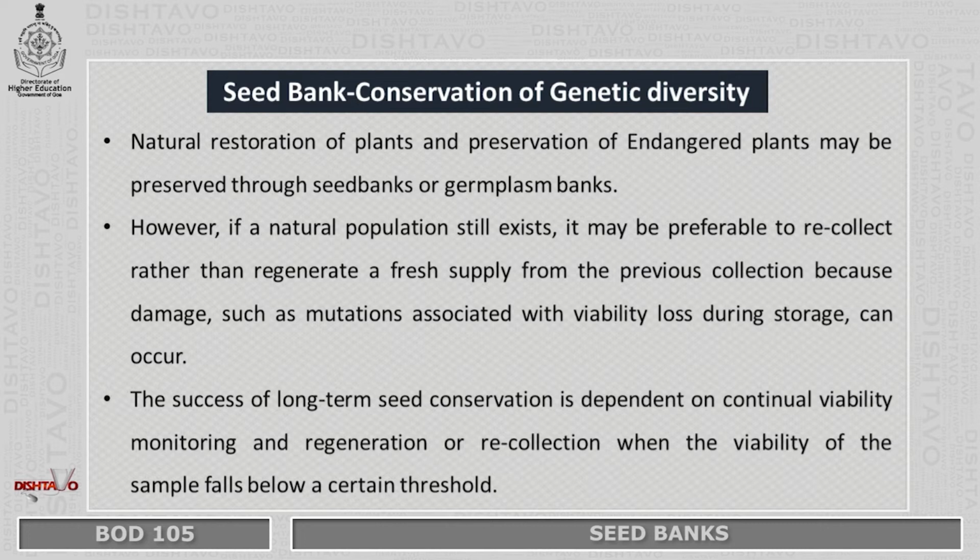And if there is loss of viability or the amount of regeneration from the seeds is less, then one needs to go for recollection, that is, going and collecting again when the viability of the sample falls below a certain threshold which has been laid down by standards.